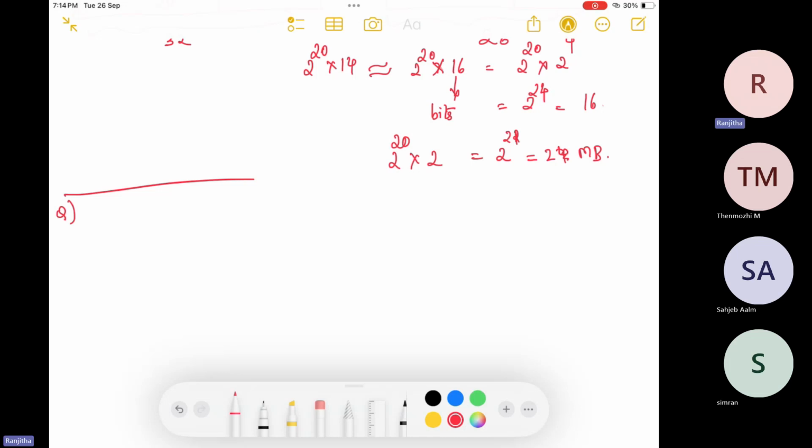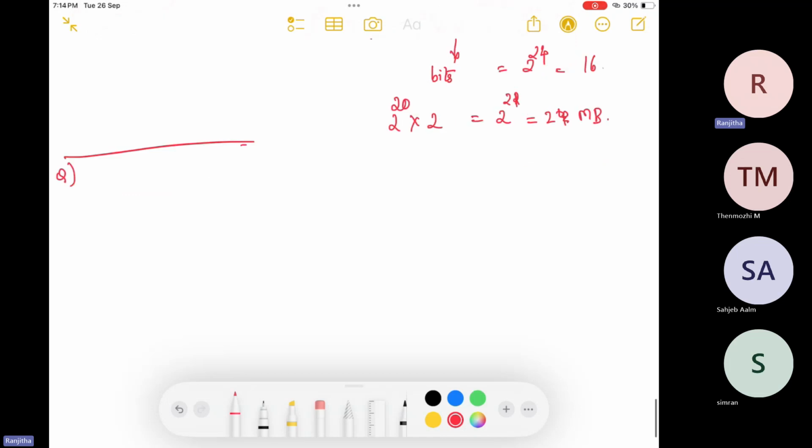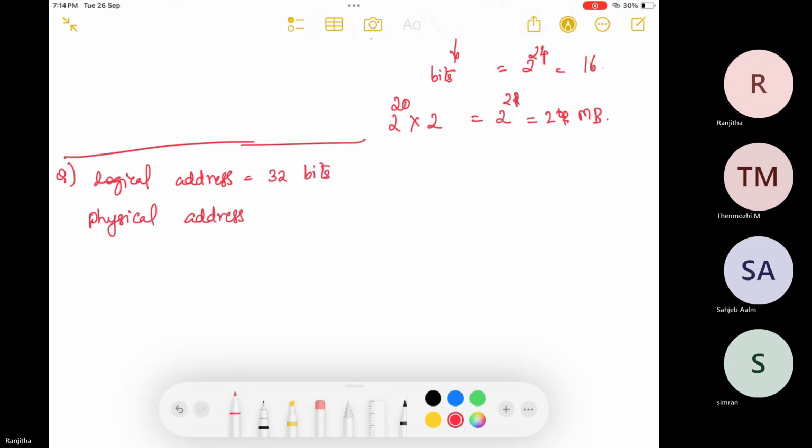So in a virtual memory system, the size of the virtual address is 32 bits. Virtual address is nothing but logical address. Logical address is 32 bits, and the physical address is 30 bits.